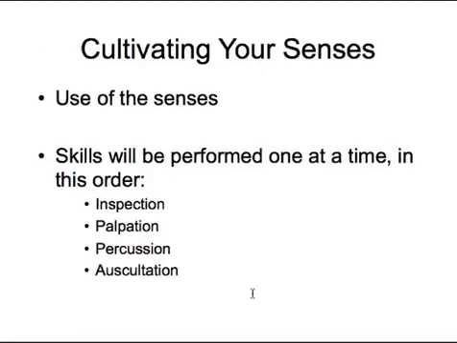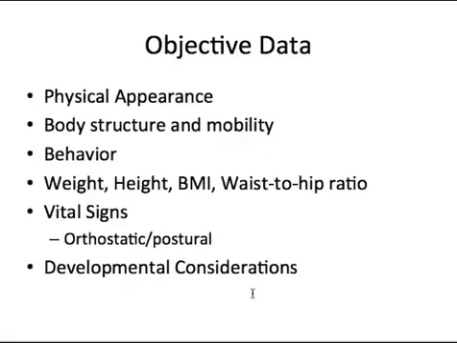Now, if it's on the chest, you may palpate first and auscultate last. If it's the abdomen, you may auscultate first and palpate last. So those are things to think about based on the organs and the areas that you're assessing.